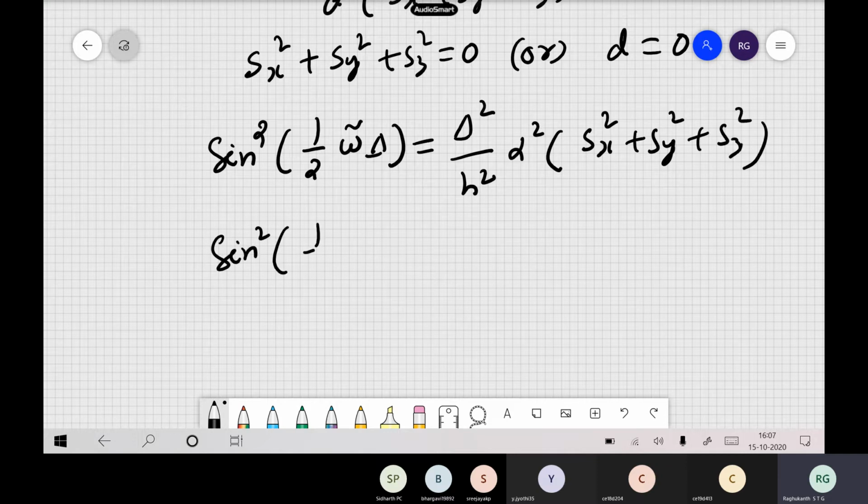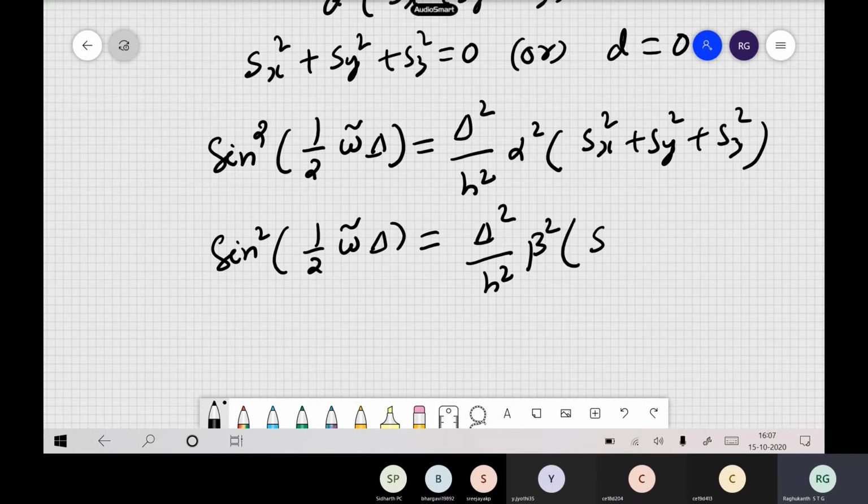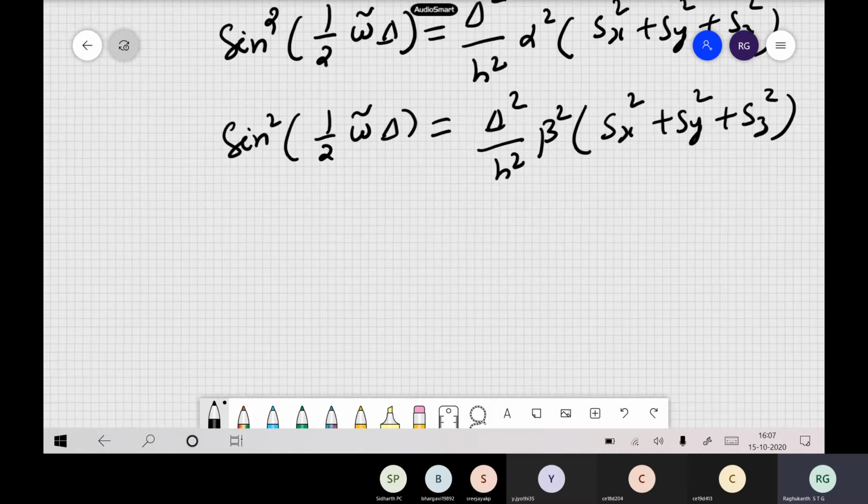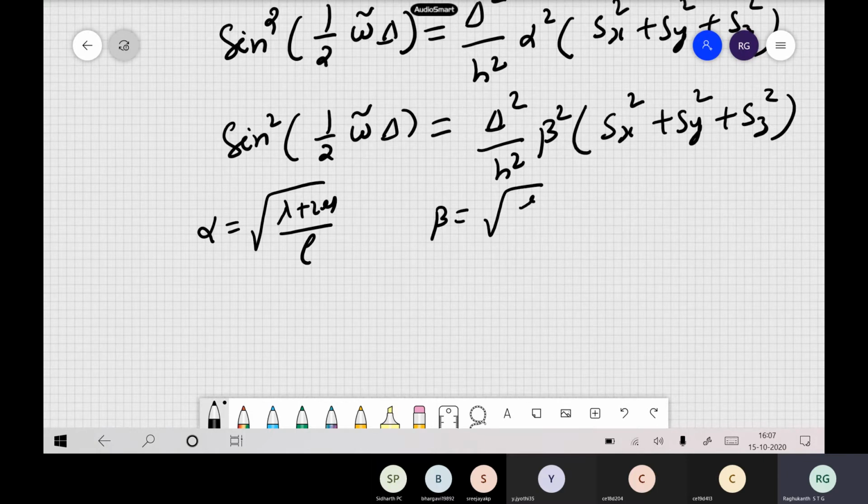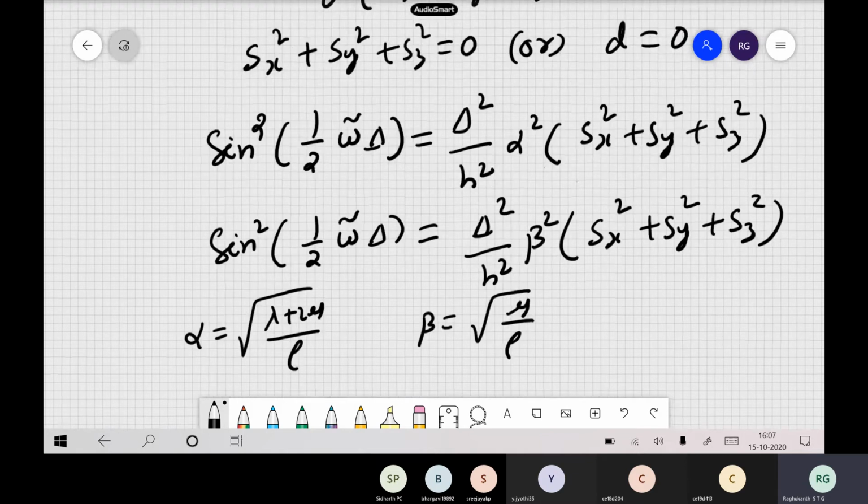Another equation will be omega delta, so we get delta square by h square, beta square will come now, times sx square plus sy square plus sz square, where alpha is root of lambda plus 2 mu by rho, and beta is root of mu by rho. So you will get two dispersion relations, one for the P wave, another for the shear wave. This is the P wave dispersion, this is the shear wave dispersion.